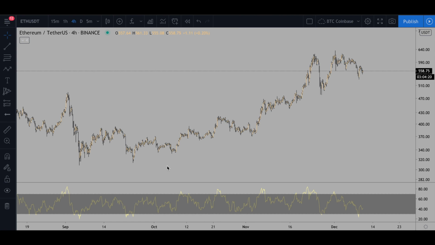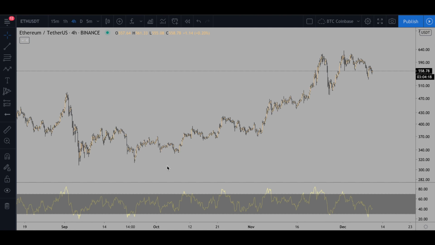On my chart here we use RSI, but you can use other oscillators. You just need to read up on which you can actually use, but I've always been using RSI, so for me that's the way to go.